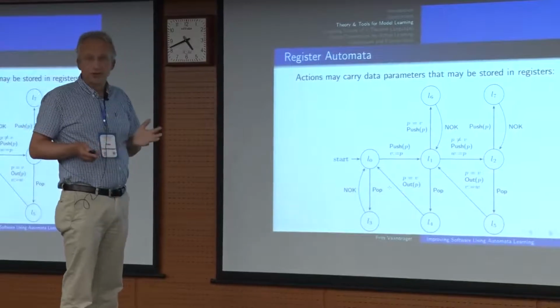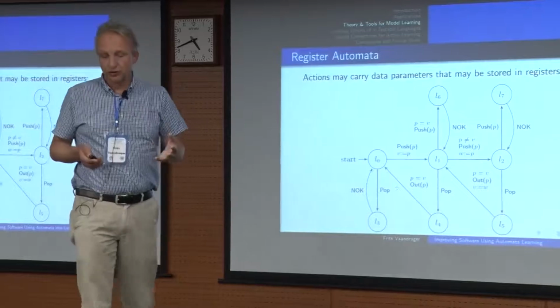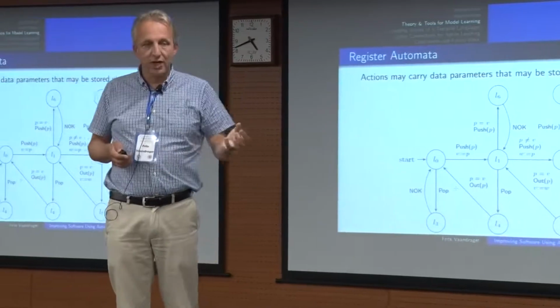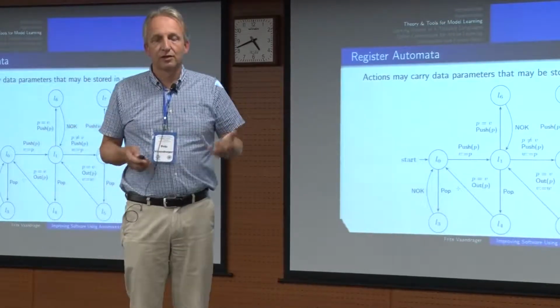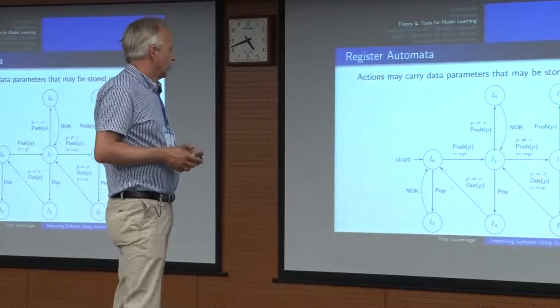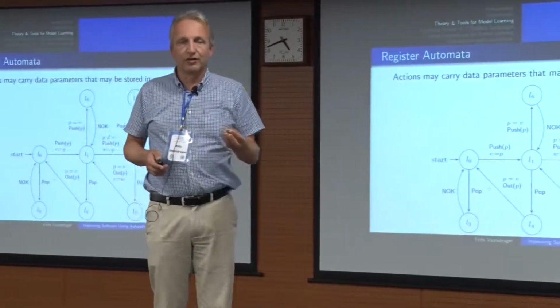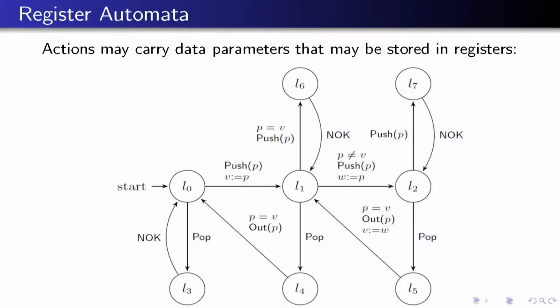So no operations are allowed, but you can test for equality. There are still many systems which can be modeled in this way, because there are many protocols which send data from A to B, and they don't perform operations on data. Or there are protocols where each process has a unique identifier, and the only thing that matters is that you have a unique identifier.